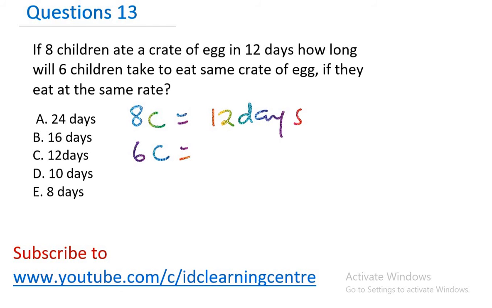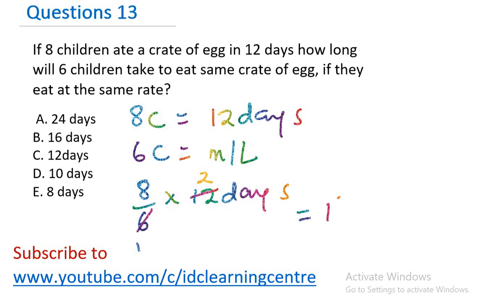So if more, you divide by less. More is 8, the less is 6, times the number of days, which is 12. 6 into 12 is 2, 8 times 2. It will take them 16 days. Among the options, the right option is B, 16 days.